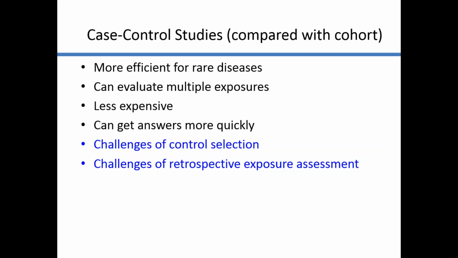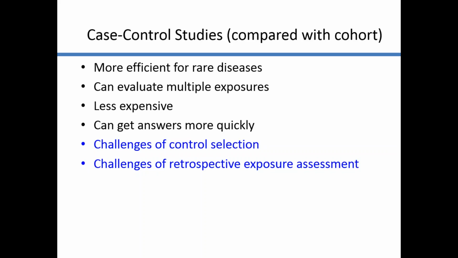Okay, how many carrots did you eat in the past year? Well, if you say, I don't know, a lot of other people would say, I don't know either, unless you hate carrots, unless you're allergic to carrots, or unless you're a carrot aficionado and you know exactly how many carrots you ate. So in a cohort study, we can say, all right, how many carrots did you eat today?